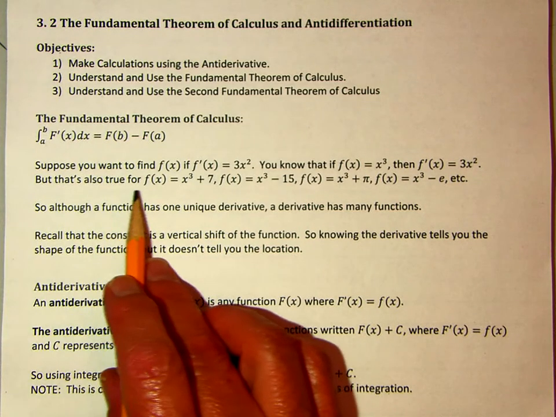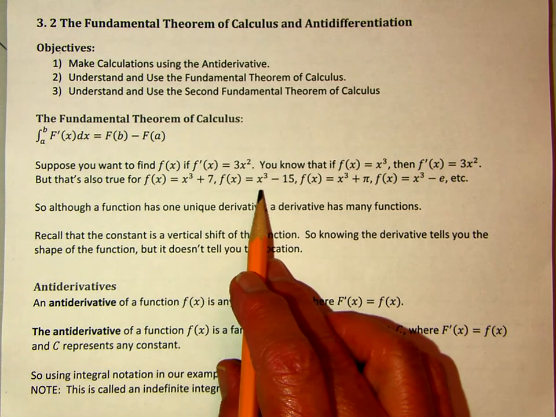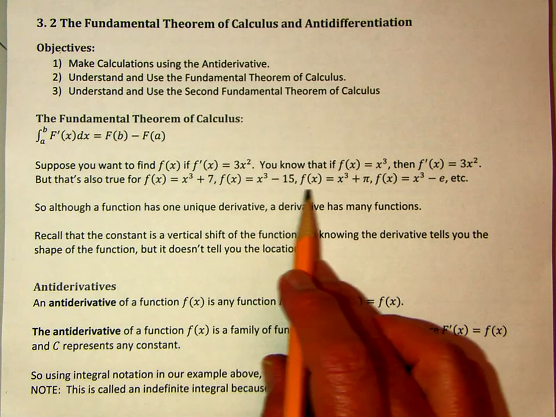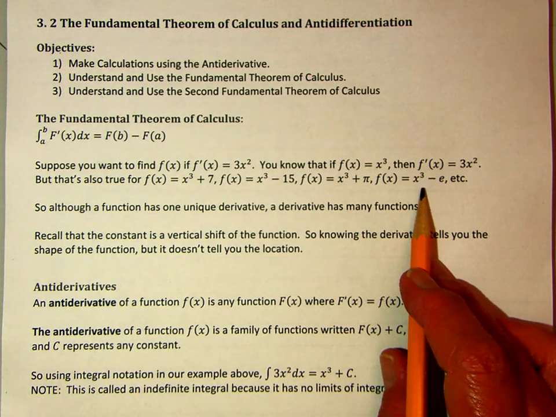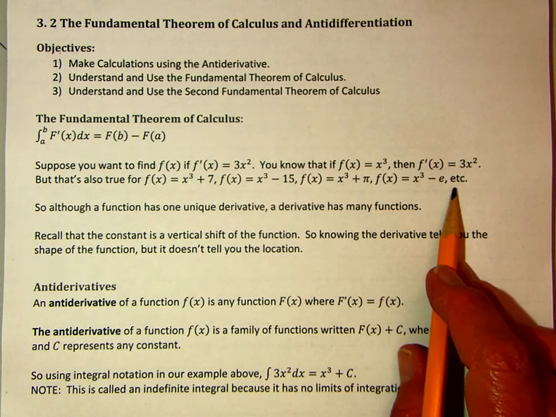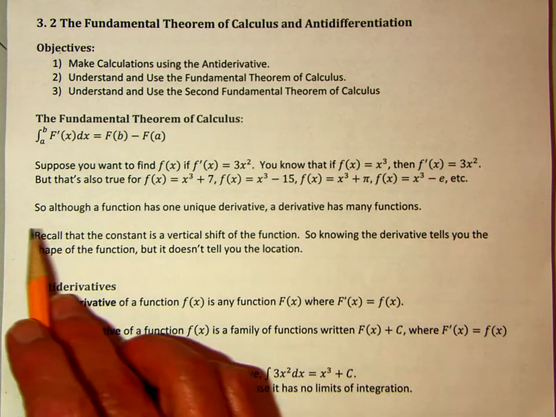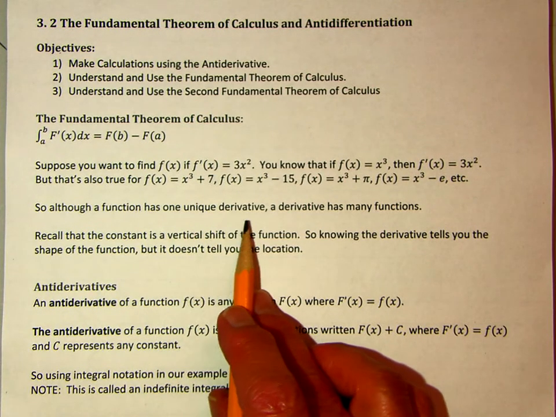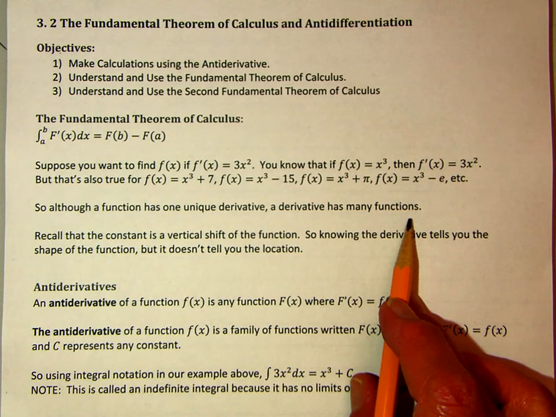But that's also true for f of x equals x cubed plus 7, or x cubed minus 15, or x cubed plus pi, or x cubed minus e, etc. It's true for any function x cubed plus or minus some constant. So although a function has one unique derivative, a derivative has many functions.